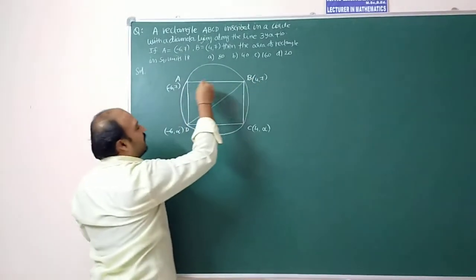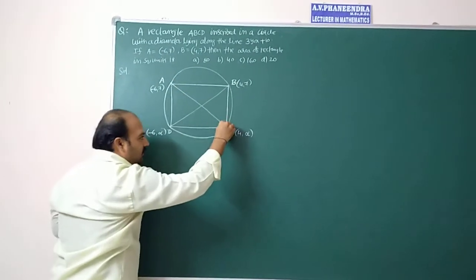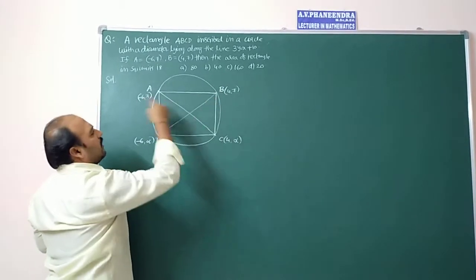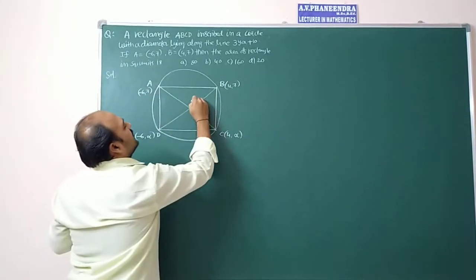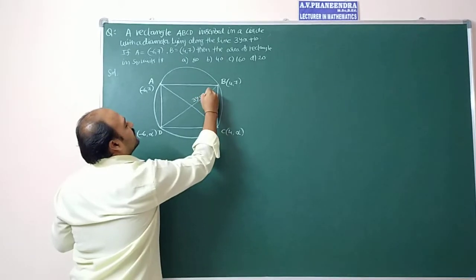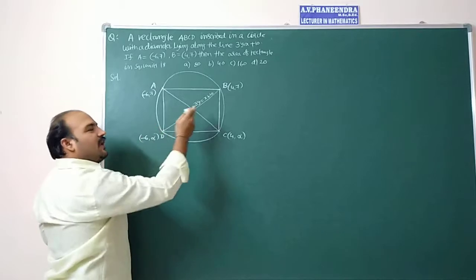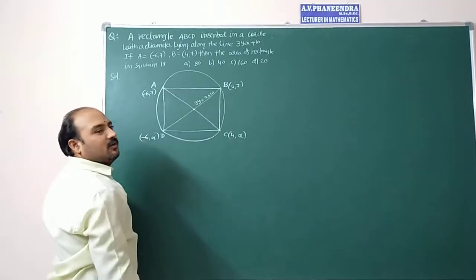The diameter of the circle is either BD or AC. I am taking this one, BD; AC you can also take. This line is 3y = x + 10. The midpoint of BD lies on this diameter line.